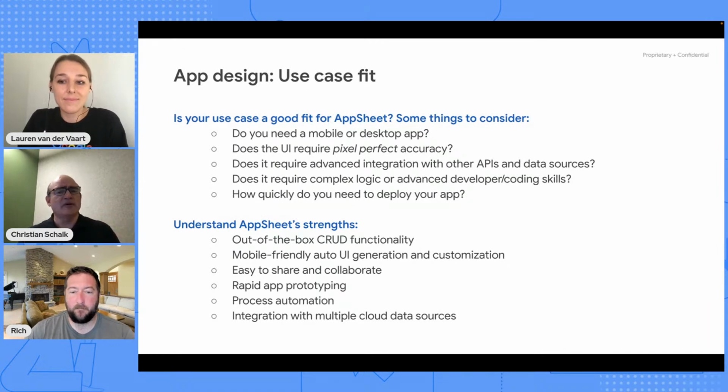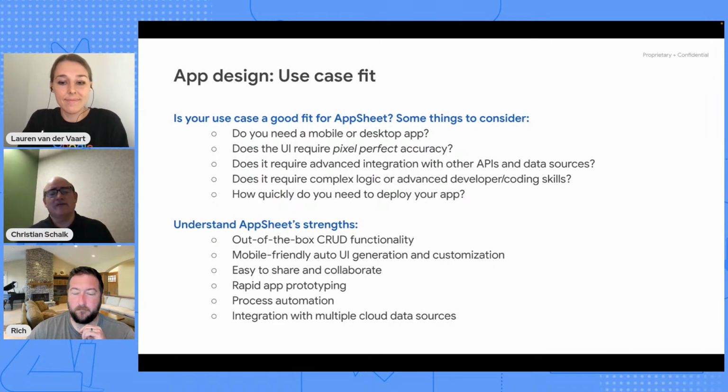There are times when an application is designed that you need exact placement of buttons and widgets that have to conform to a specification. That's where AppSheet is probably not going to give you that type of accuracy, but what you do get in contrast is auto generation of UIs that are ready to go and mobile friendly for a number of different screen dimensions. So just some things to keep in mind.